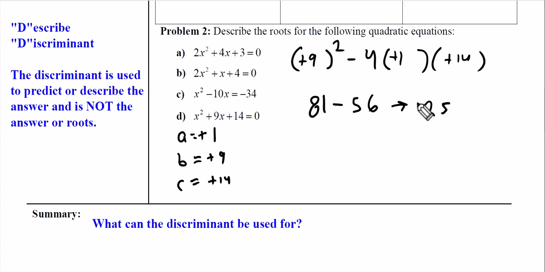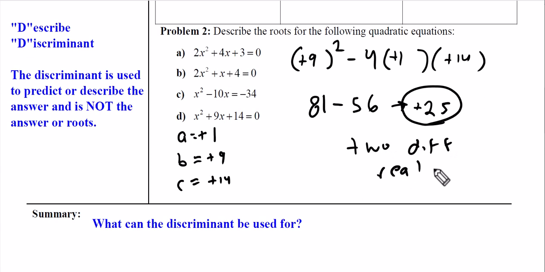Oh, snap, we finally got a positive answer. Okay, great. So if it's positive, let's look at our column. Description of roots. So if d is greater than 0, if it's positive, then the roots are two different real roots.